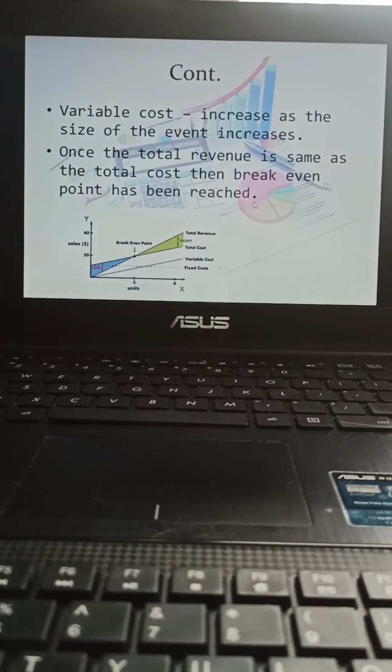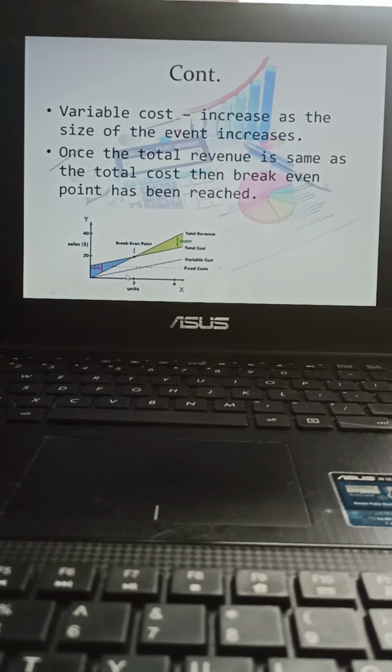If you can see from this, it says your break-even point is here. This is your total cost. This is your total revenue. So basically this is where the break-even point is, how much you make and how much you pay. Anything past this part means you make a profit.